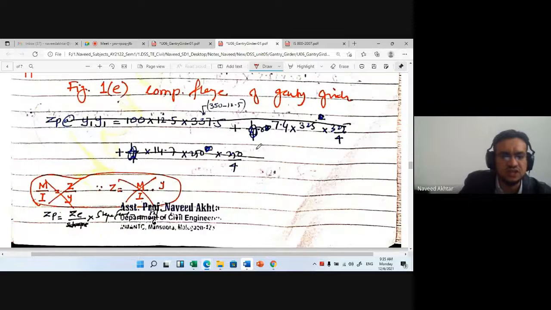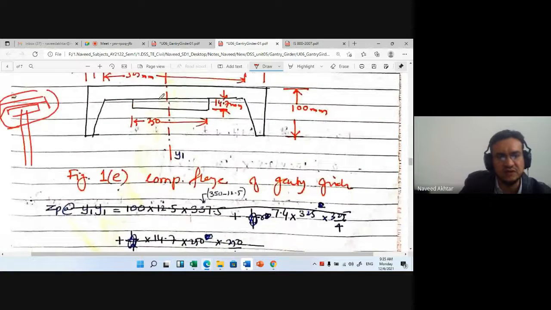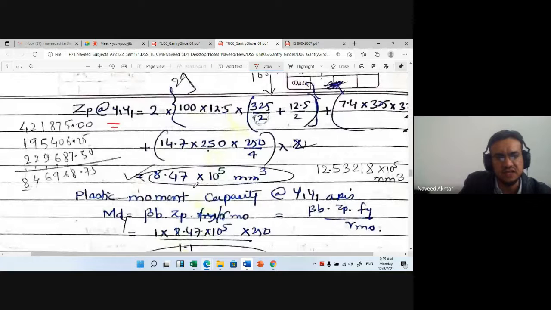So we can find out the ZP of this section, the ZP about Y1, about the minor axis. So its ZP is coming at point.